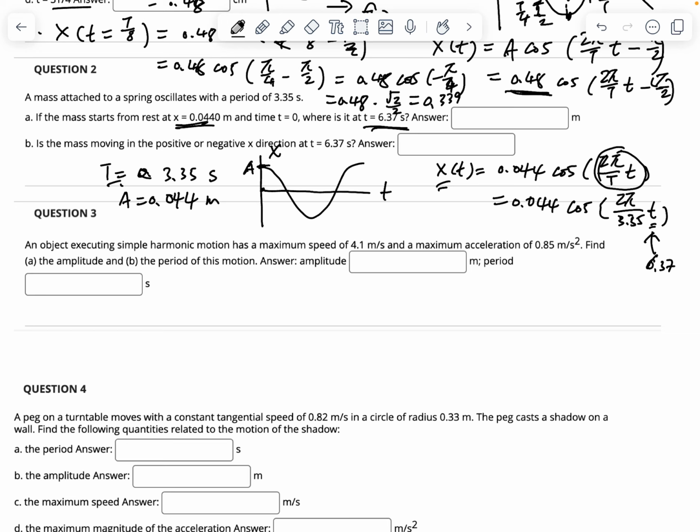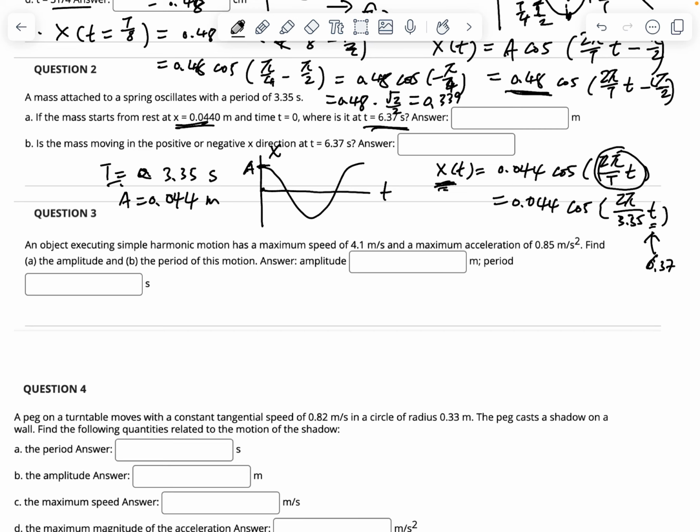That's the first question. Is the mass moving in the positive or negative direction at this time? Well, let's see. You look at the velocity. If velocity is positive, then positive direction; negative, then negative.